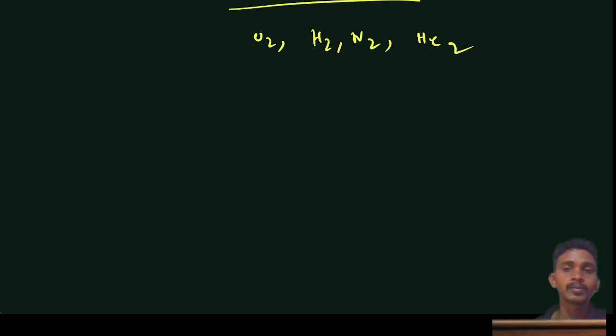Before we go into diatomic molecules, there are some terms we have to remember, because these terms are very important whenever we calculate the ground state or excited states for diatomic molecules.